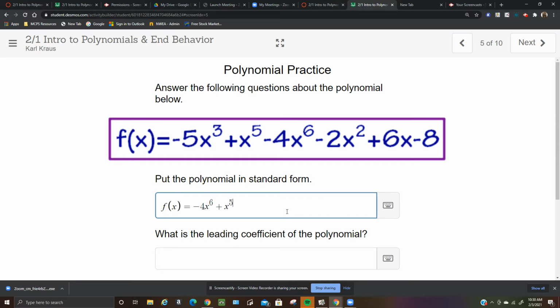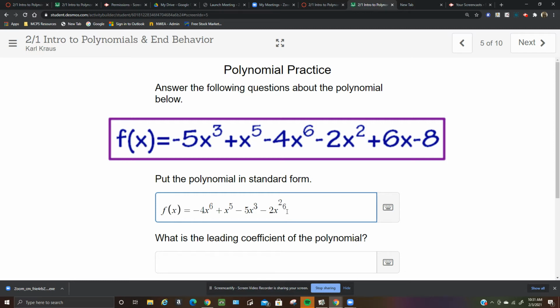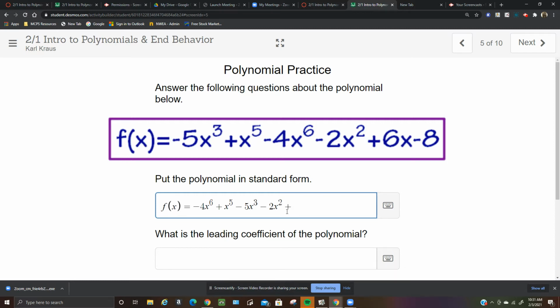And then there's no x to the 4th term, but there is an x cubed term, 5x cubed. Then the x squared term, 2x squared. Then an x term, so plus 6x, and then minus 8.